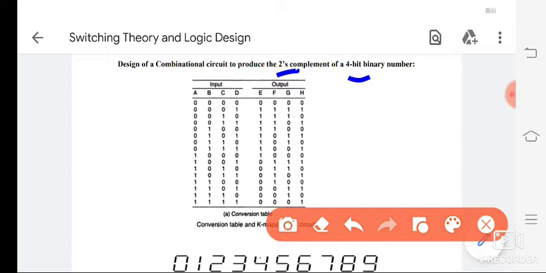After that, each 4-bit binary number can be converted into its 2's complement.